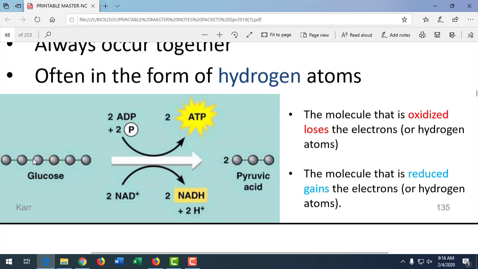And glucose was oxidized because it lost electrons and gave them to NADH. And then we create this molecule called pyruvic acid, which is an important molecule on its way to becoming ATP.